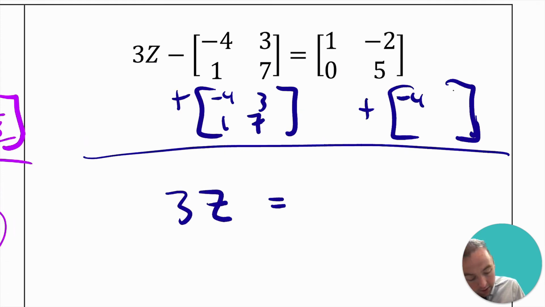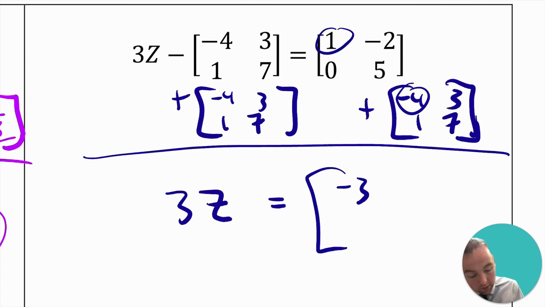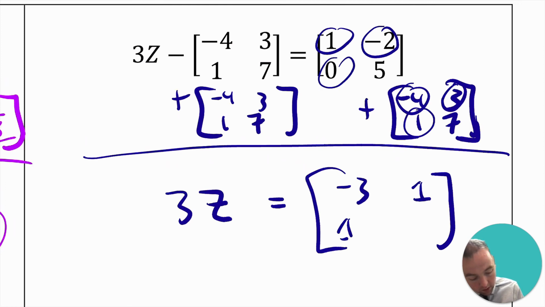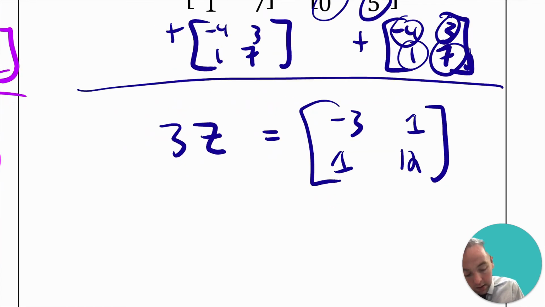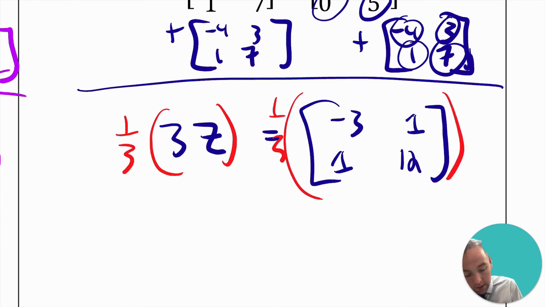So then if I now add to this side, 1 plus negative 4 is going to be negative 3, negative 2 plus 3 is positive 1, and 0 plus 1 is 1, and 5 plus 7 is 12. And then I can divide by 3, or equivalently just multiply by 1/3, and then that'll give you the Z matrix isolated.